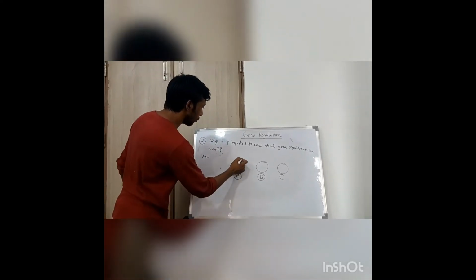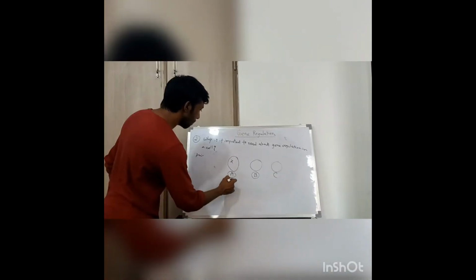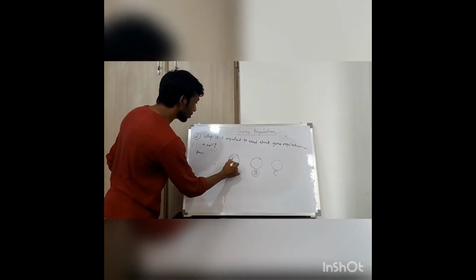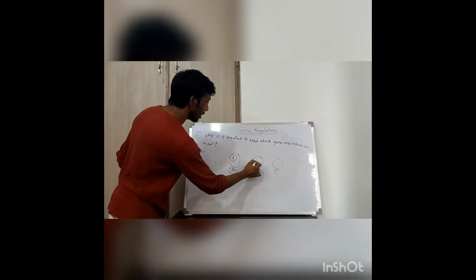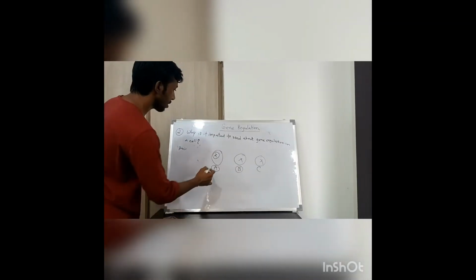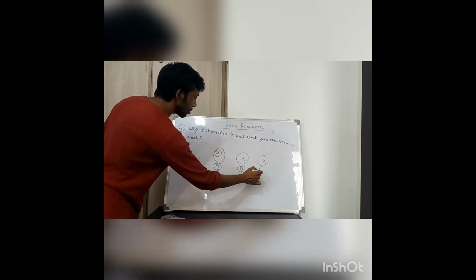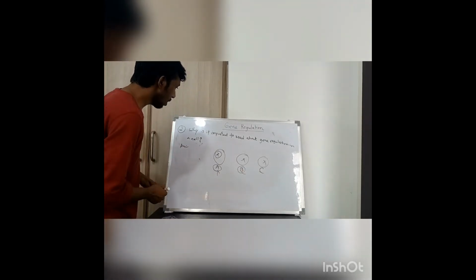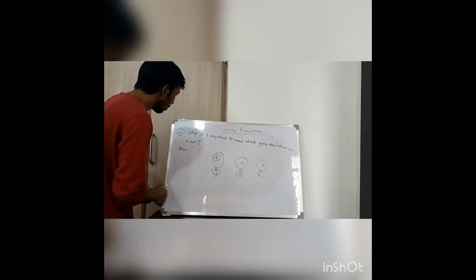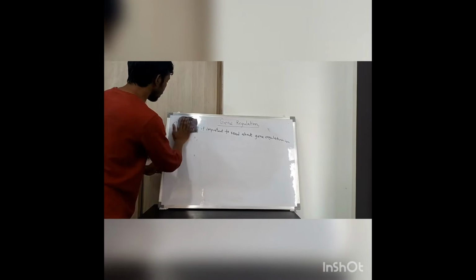Suppose some gene X is expressed in A at a particular time, but it is silenced in B or C. So how does it take place? Now we will discuss the mechanism of how it takes place.